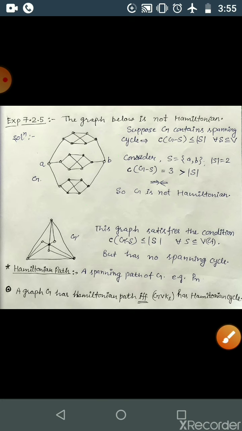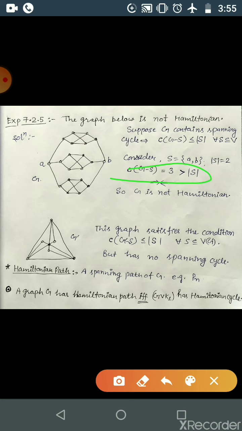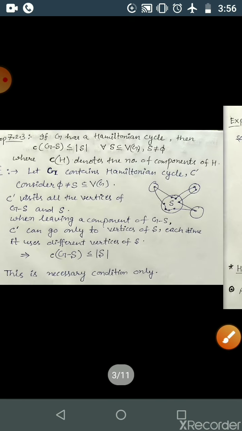Now this graph is not Hamiltonian because here the condition is not satisfied. And if the condition is satisfied, then we can't say whether this graph is Hamiltonian or not, okay? If Hamiltonian, then we can say this will be satisfied. And if this does not satisfy, then we can say this is not Hamiltonian.